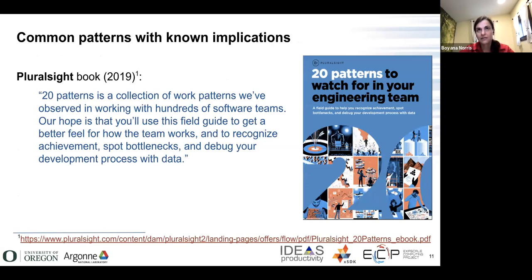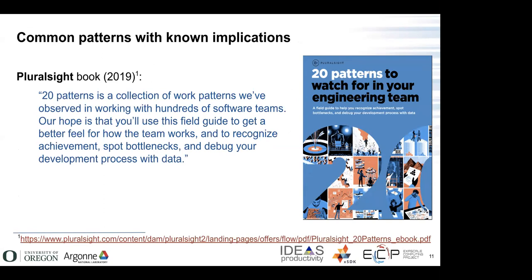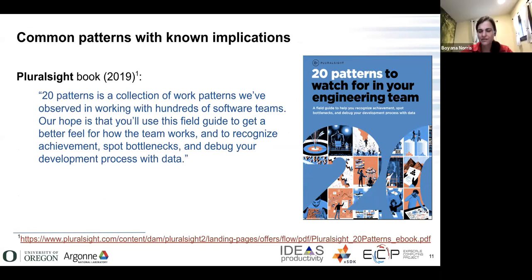While it's not difficult to come up with questions that maybe nobody cares about, we thought it was a good idea to look at what people were doing in large scale project settings. And this is a little booklet that Pluralsight, which is a company that does educational services and products, put out.